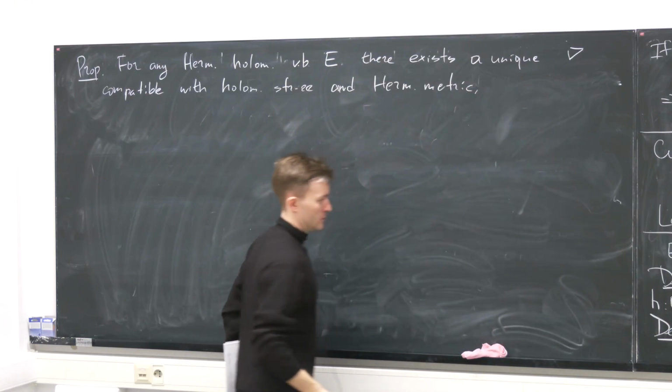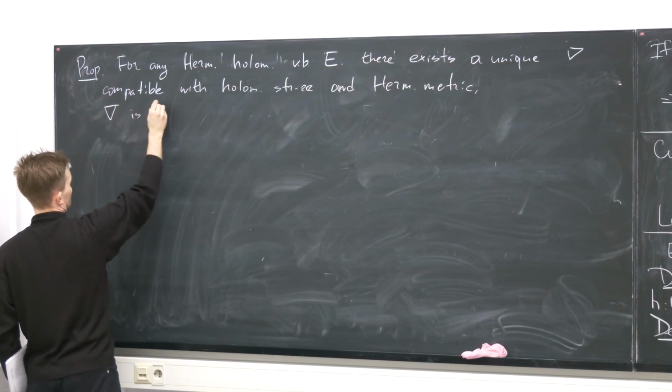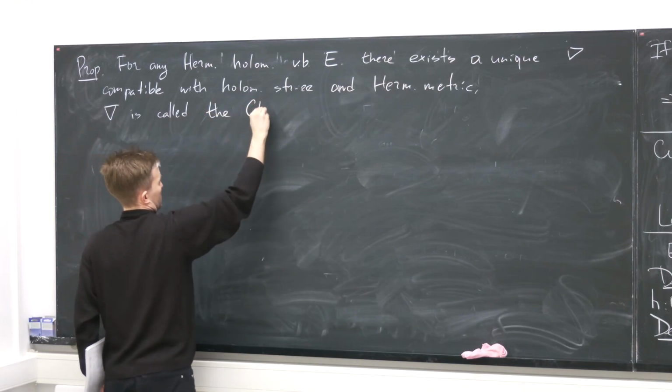This connection is called the Chern connection. Nabla is called the Chern connection.